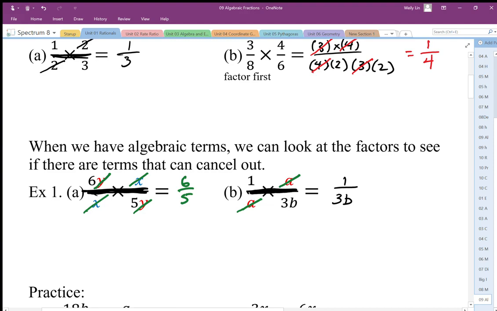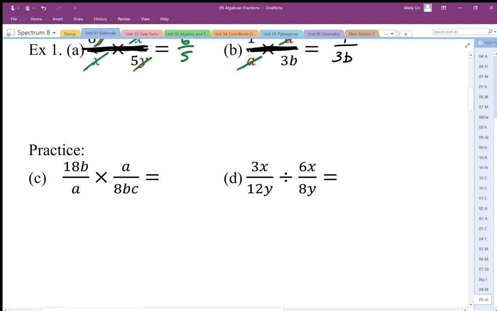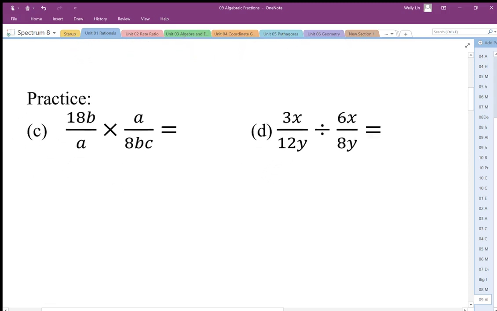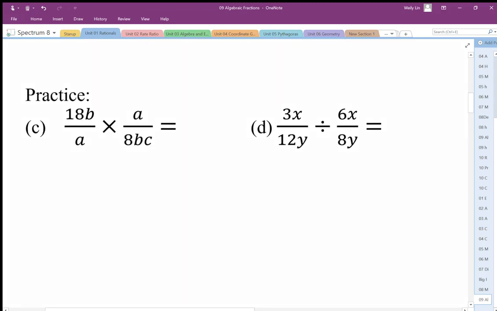So this is the idea behind what we're doing here. We're just looking for factors. As long as we have the times and divides in the right places, we can undo times with divides, and we can undo divides with times. So here we have multiplication. As long as everything's times and divide, we're okay.